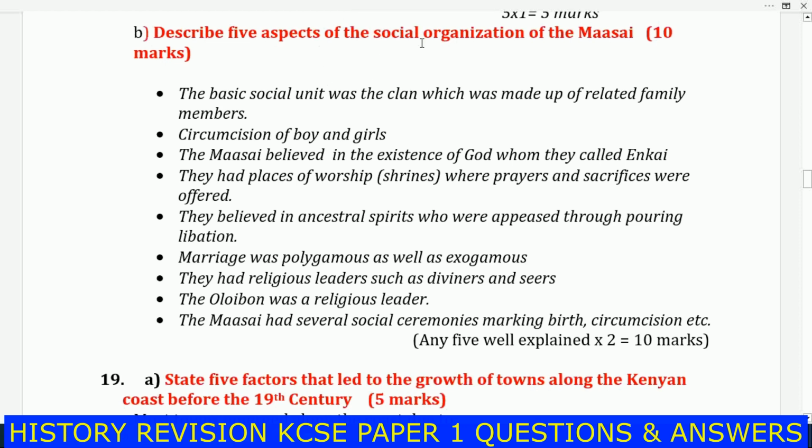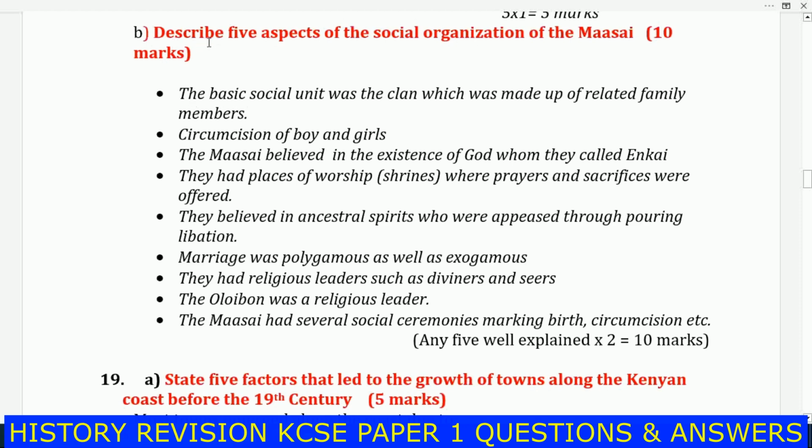So it is good for you to repeat the question 3 times, then you start writing the answers. Because if you are asked 5 aspects of the social organization, and you write on economic or political, then you get it wrong completely.